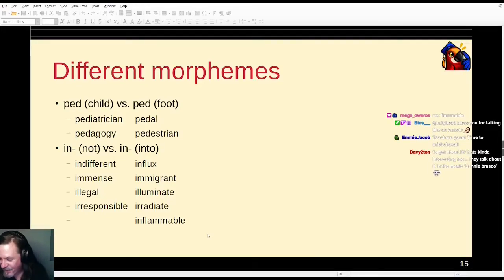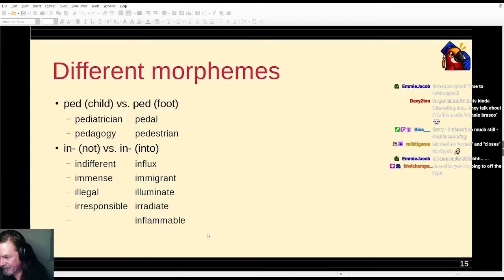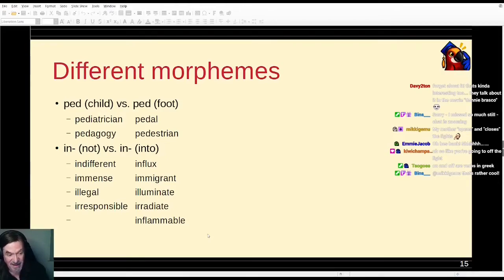So it was always inflammable. In fact, the Latin root inflammatus means enflamed, you know, like full of flame.